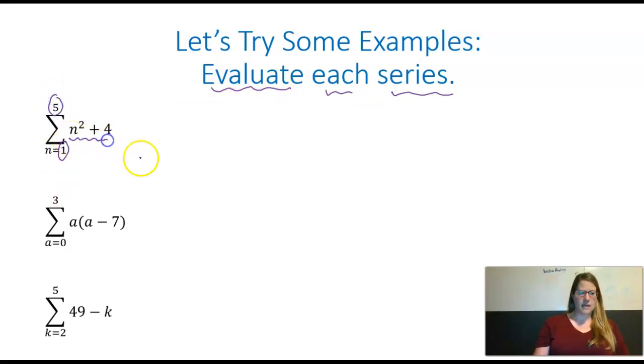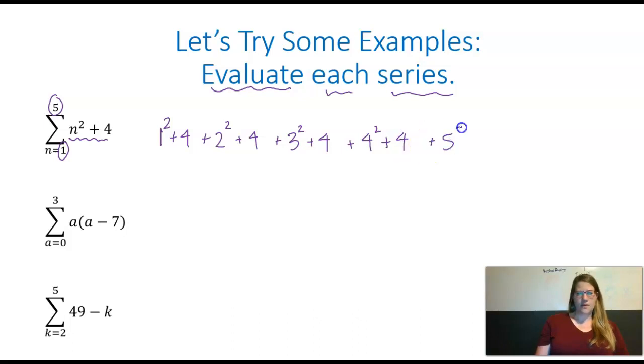My formula is n squared plus 4. So I'll have 1 squared plus 4, plus 2 squared plus 4, plus 3 squared plus 4, plus 4 squared plus 4, and then plus 5 squared plus 4. That's my stopping point, was 5. So I started at 1, I ended at 5. It just goes up one number between each term.